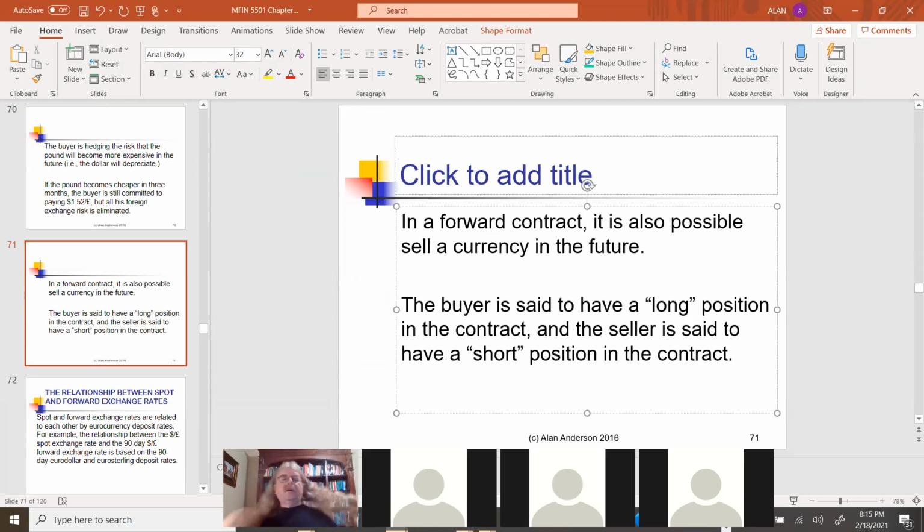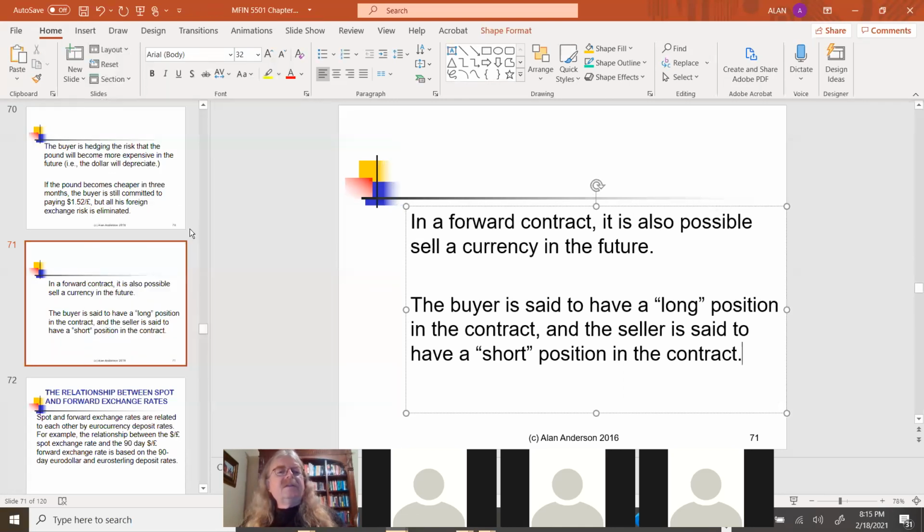You can do either or. You can buy or sell. That depends on what you are trying to do. So I just want to make that clear. You can buy and you can sell. But no matter which one you do, you're eliminating your risk by entering into this contract.